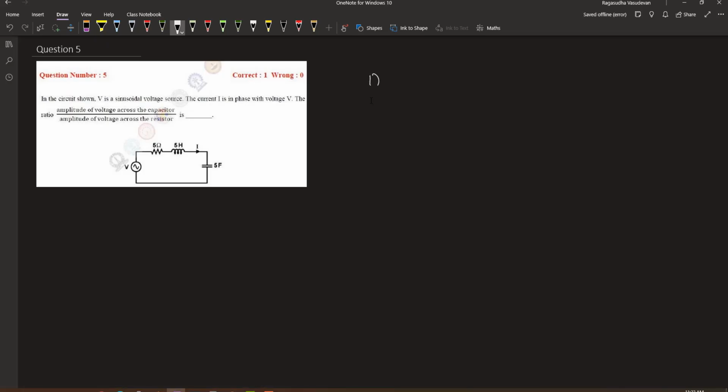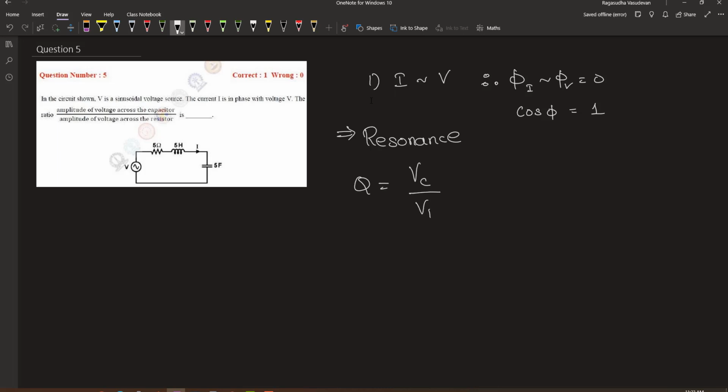In the problem, it is given that the current is in phase with voltage. Therefore, the angle between the current and the voltage is equal to 0, or in other words, the power factor is equal to 1. Therefore, this implies that the circuit is at resonance, and they are asking the value of the Q factor, which is indirectly mentioned as the amplitude of the voltage across the capacitor by the resistor.